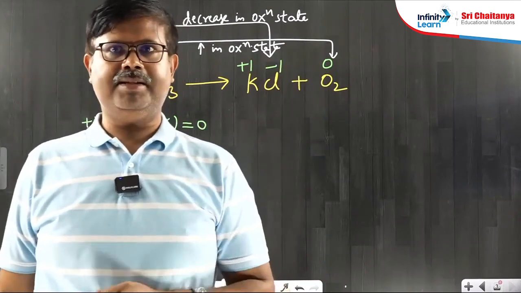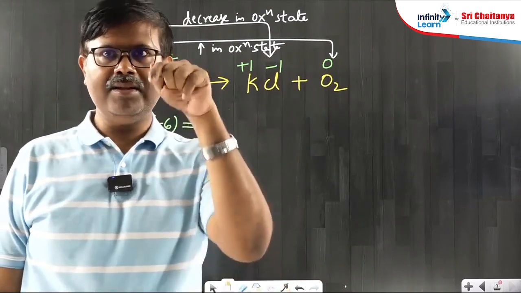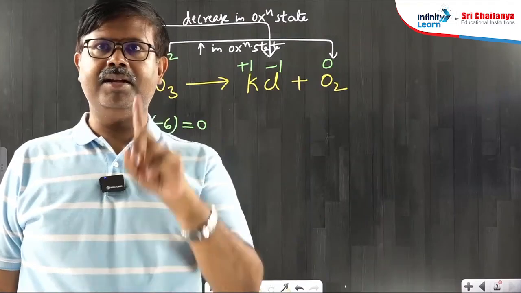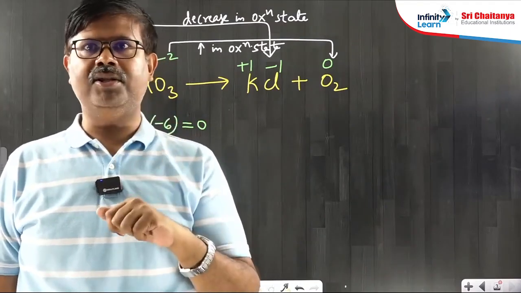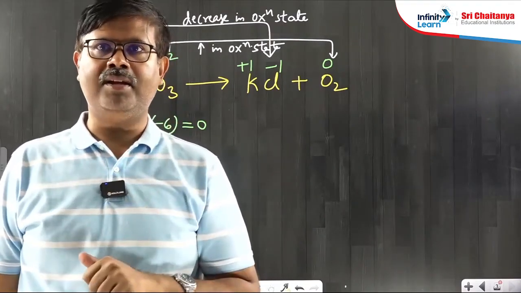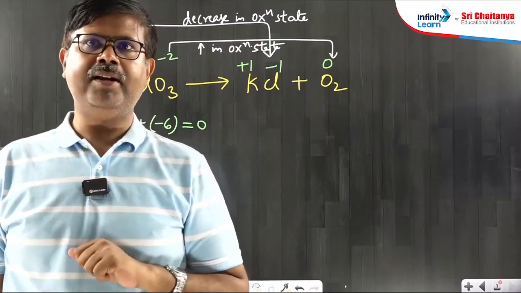Decrease and increase. And decrease in oxidation state is reduction, increase in oxidation state is oxidation. So, it is a redox reaction. This is how you have to find.